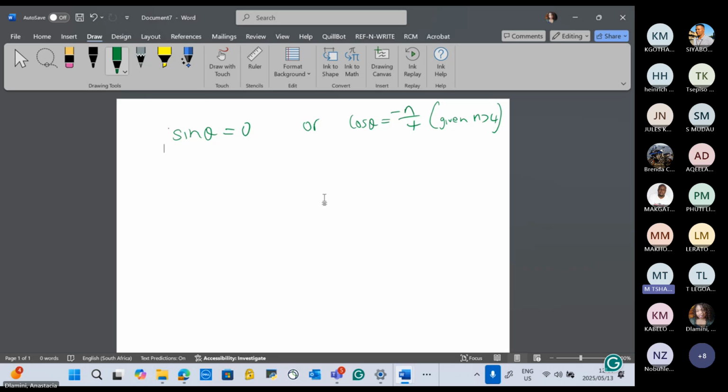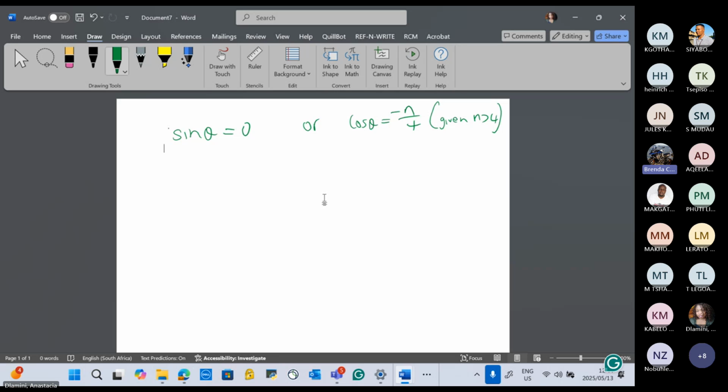Isn't it 0? Theta equals 0. So that's the only answer, guys.